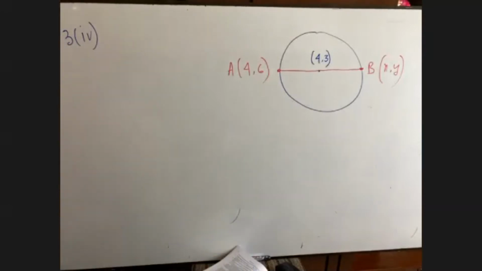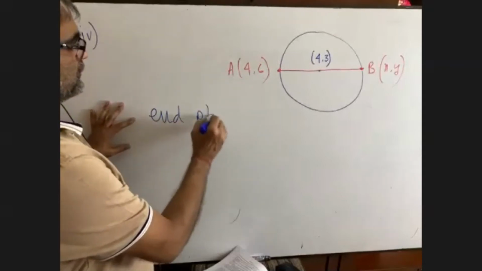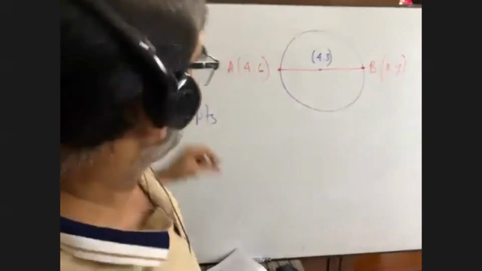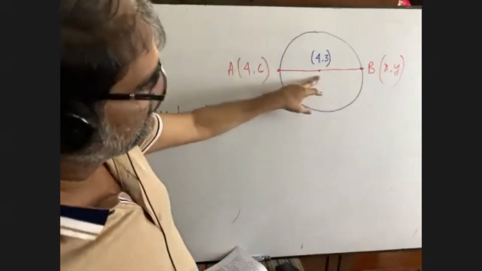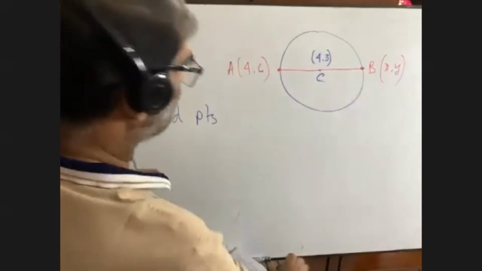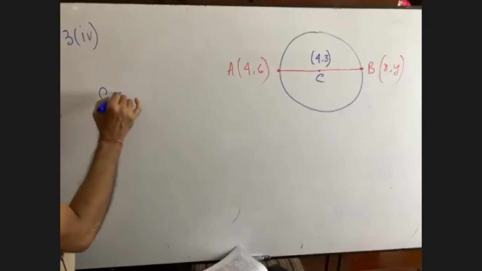What is given? The center of the circle is given as 4, 3. And one of the endpoints, a diameter has two endpoints, A and B. One of the endpoints is given as 4, 6. Center is given. So if the center is marked as C, what about C?